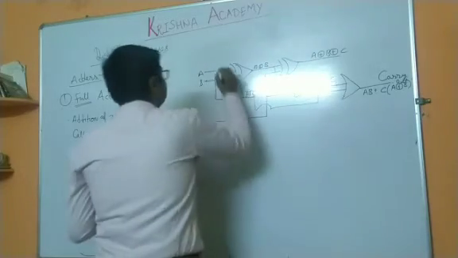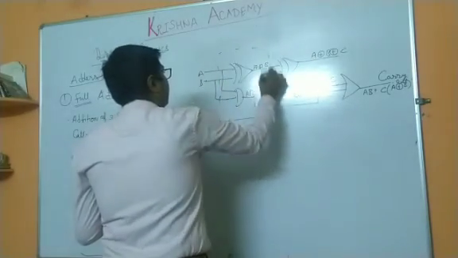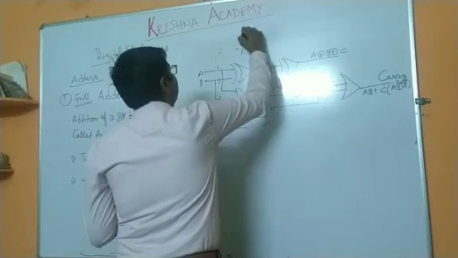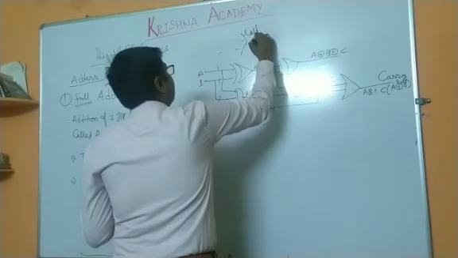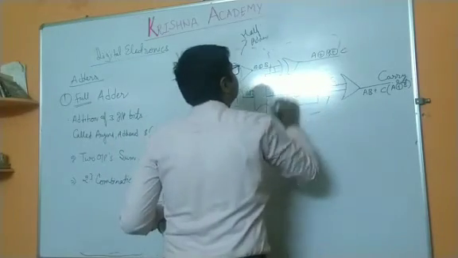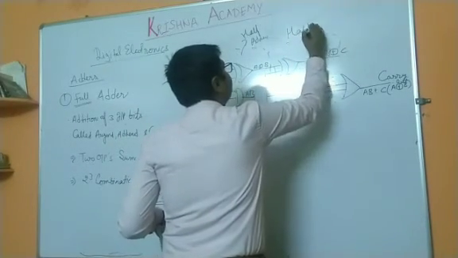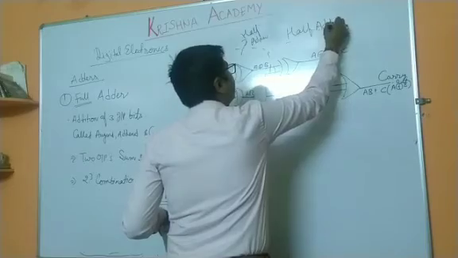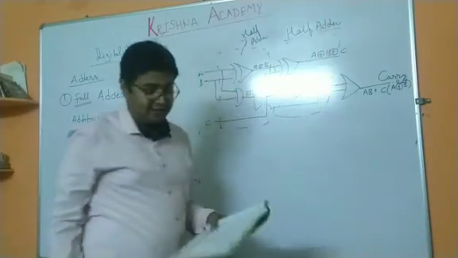So what we can see is, this is one half adder and this is another half adder, back to back, to implement a full adder circuit.